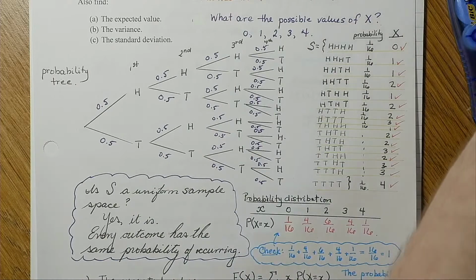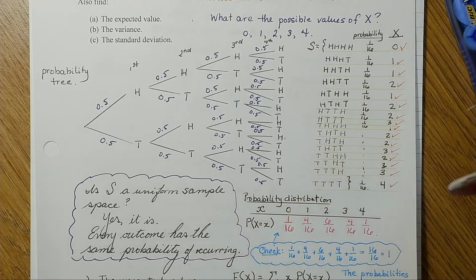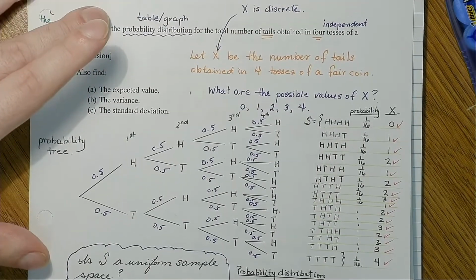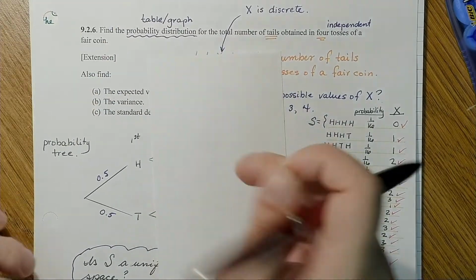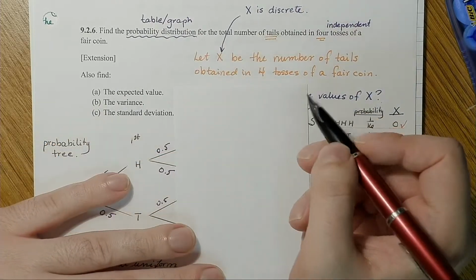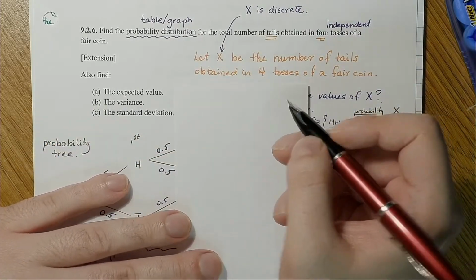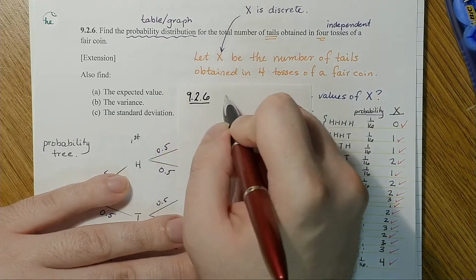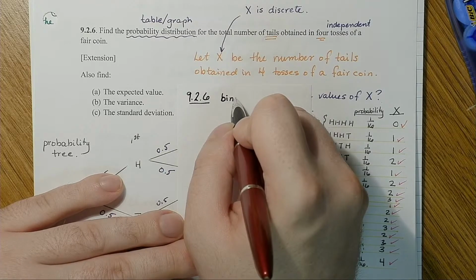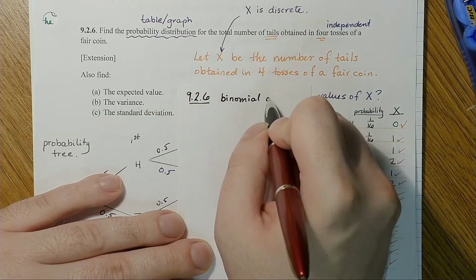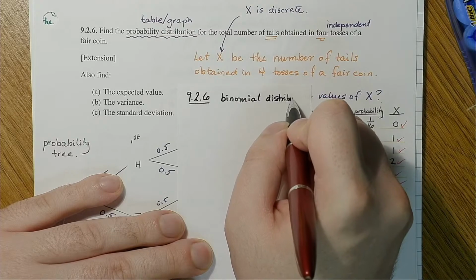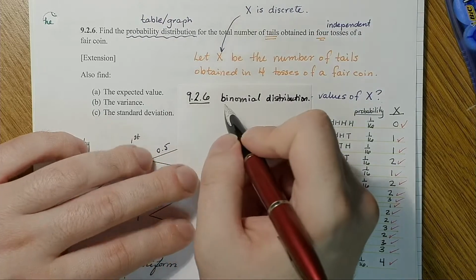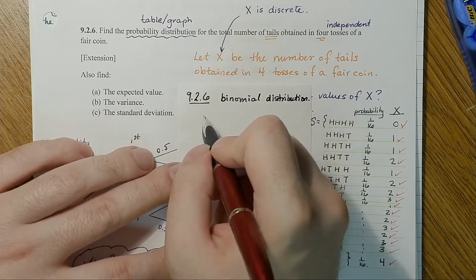So let me just take a small card here. This X is the number of tails obtained in 4 fair coin tosses. So this is 9.2.6. It's a binomial distribution. We have a P, which is the success.